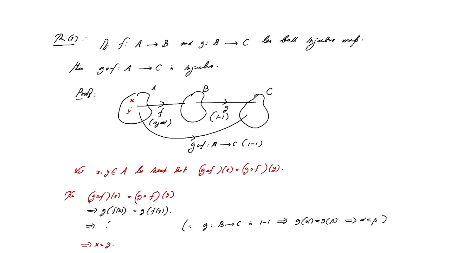So that means this must imply f(x) equals f(y). And that implies x equals y since f from A to B is injective. So f(x) equals f(y) implies x equals y.